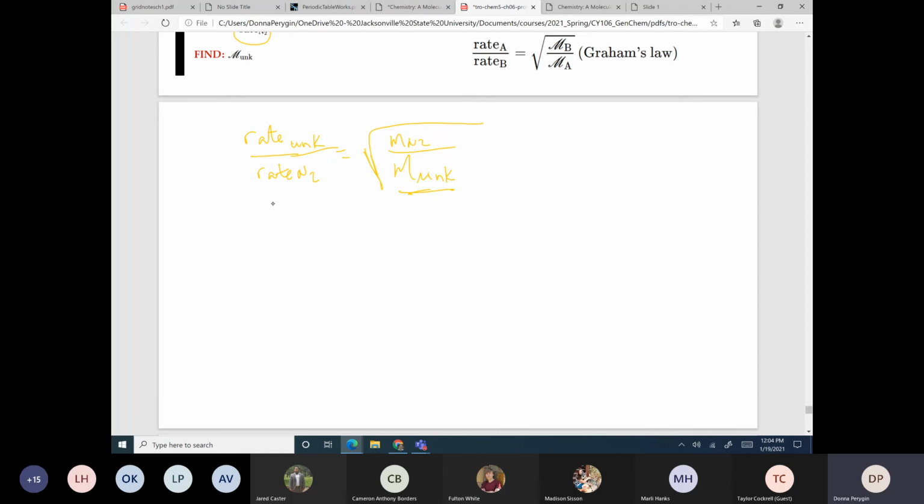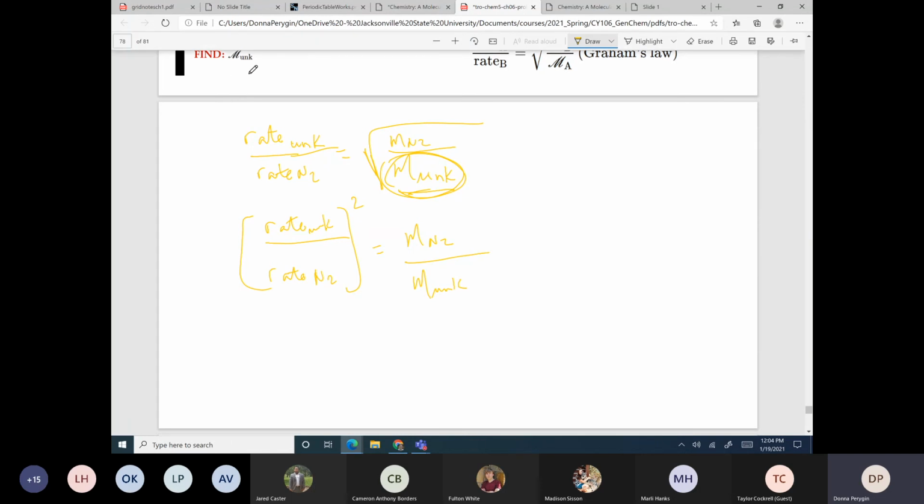We have to solve for the molar mass of the unknown, so we're going to square both sides. So the rate of the unknown divided by the rate of N2, squared, is equal to the molar mass of N2 divided by the molar mass of the unknown. That's what we're looking for: the molar mass of the unknown gas.